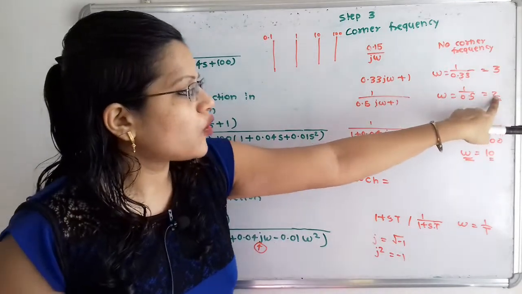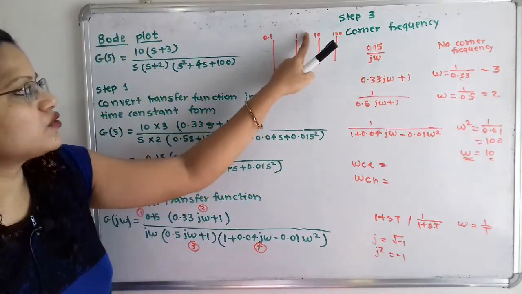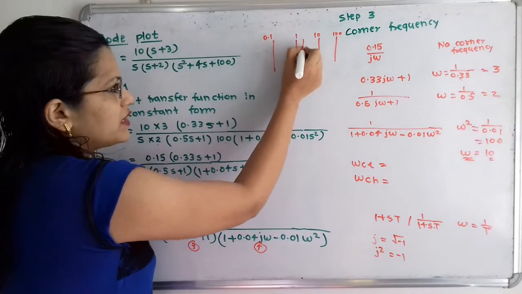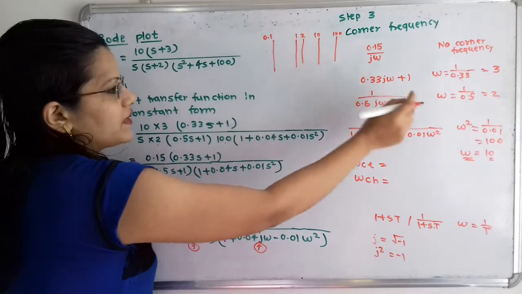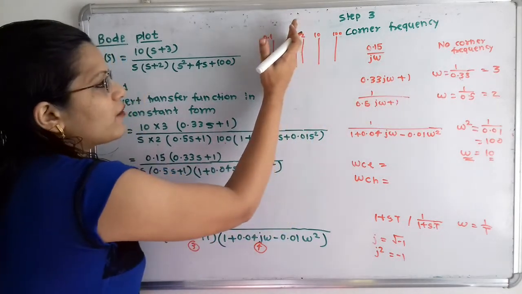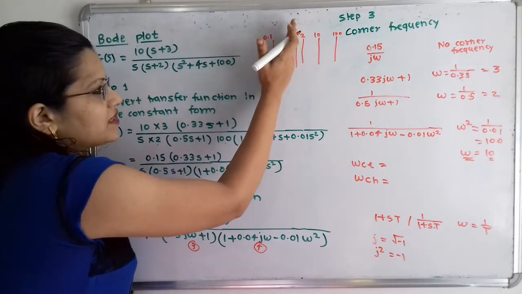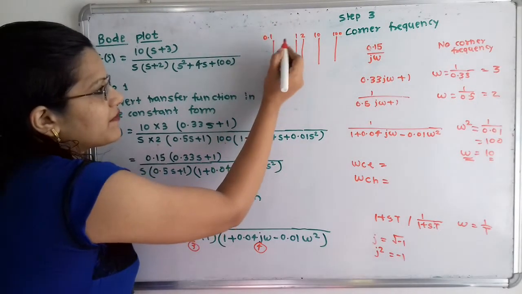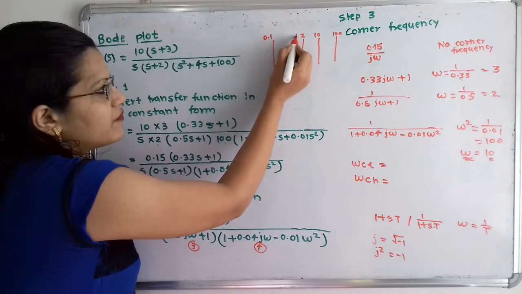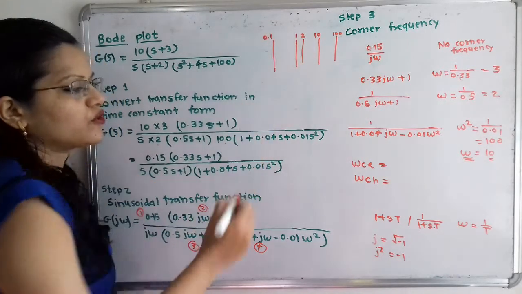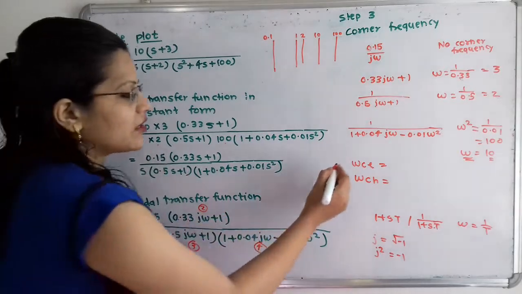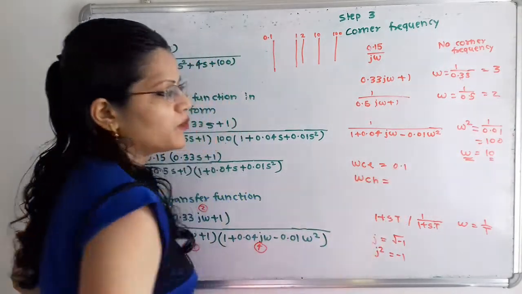Now this corner frequency 2 is in the range of 1. So in this range there is corner frequency 2. So we have to take one range below that. That is, what is the one range here? Previous one range, that is before this one there is range 0.1. So we will select here lowest corner frequency at 0.1.